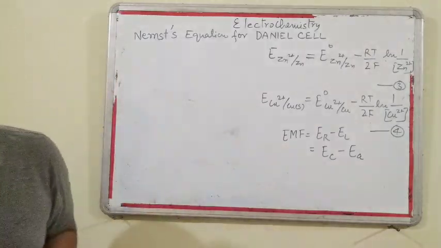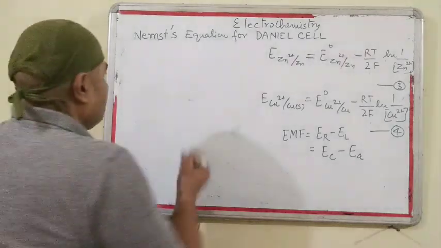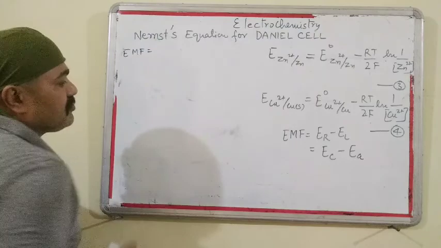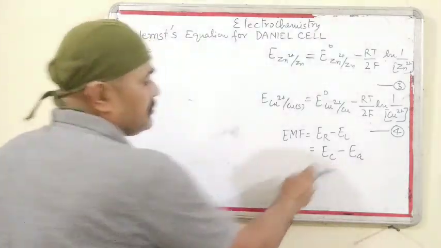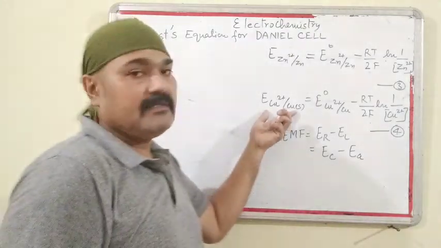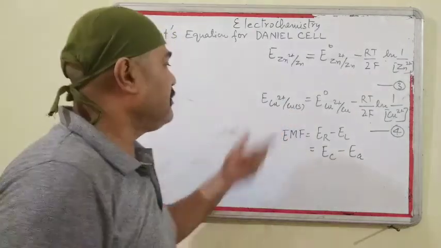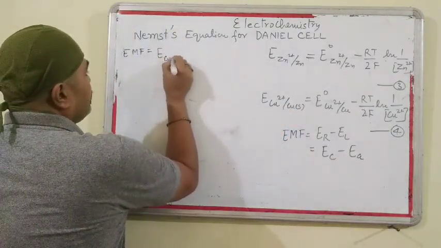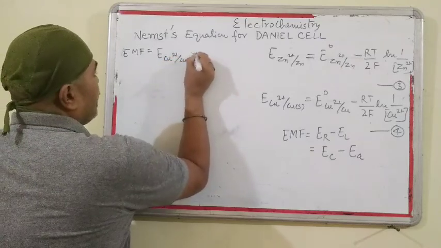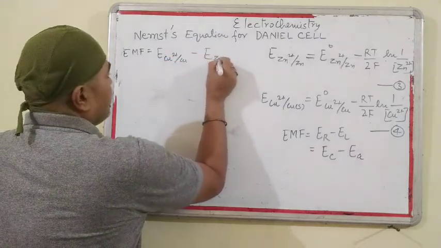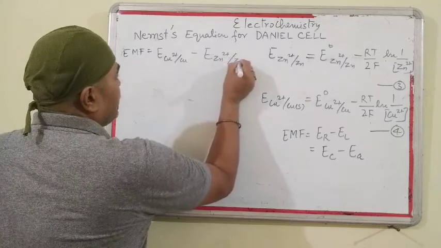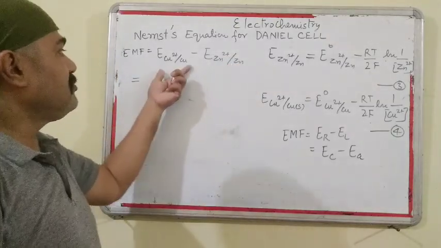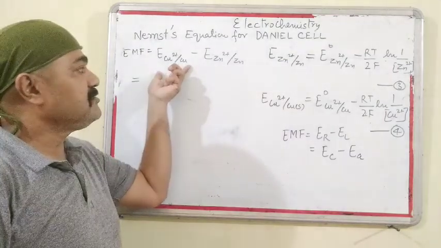Now look, the EMF of the cell is equal to EC, the copper half cell, minus the zinc half cell: E(Cu2+/Cu) minus E(Zn2+/Zn). Now I am going to put in the values.